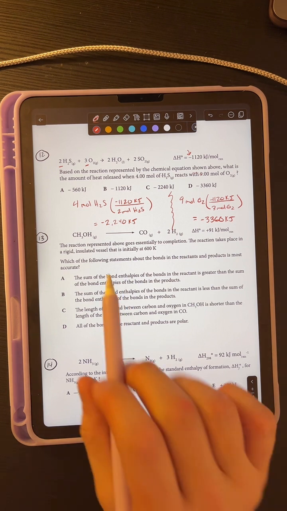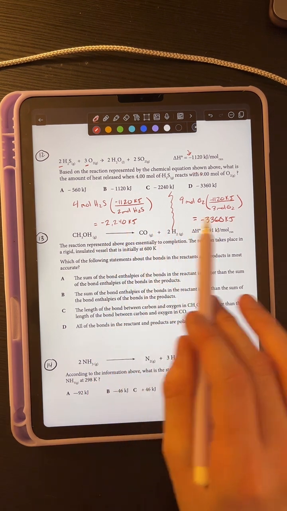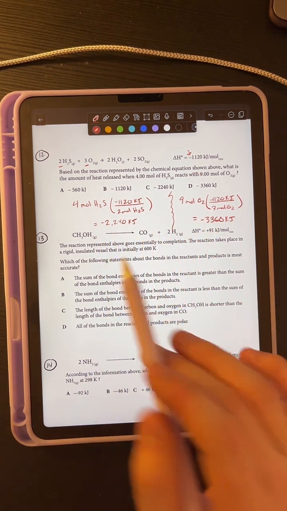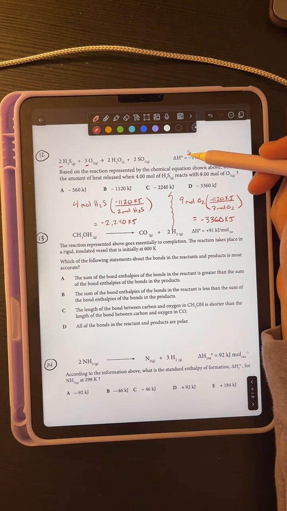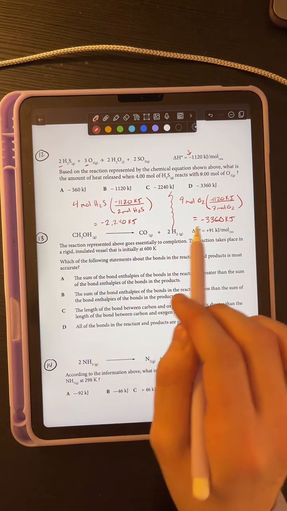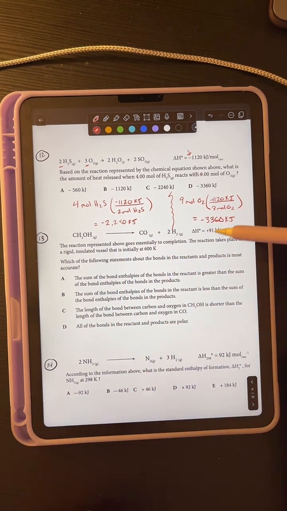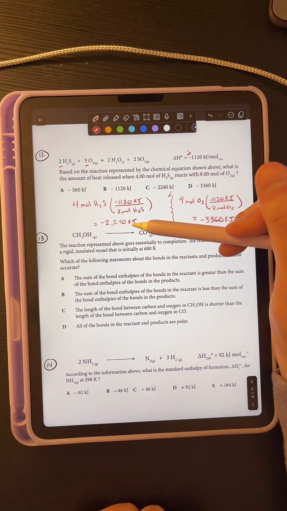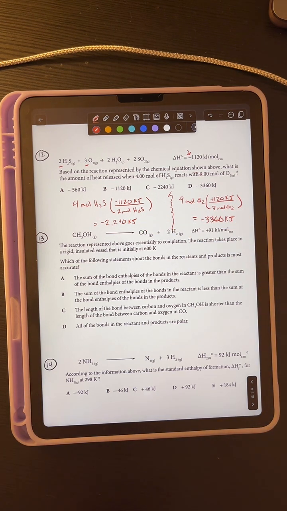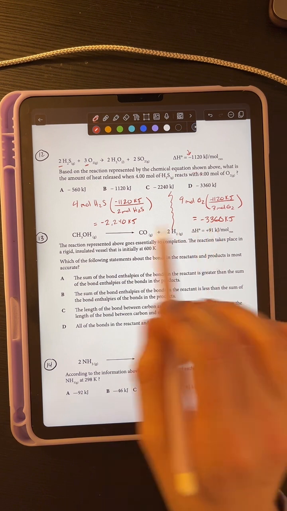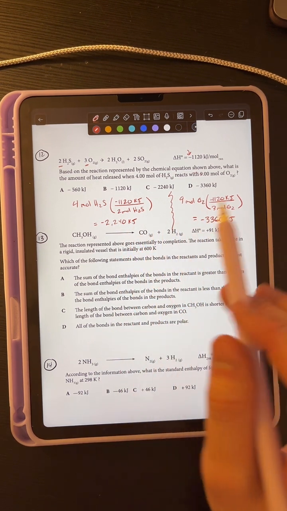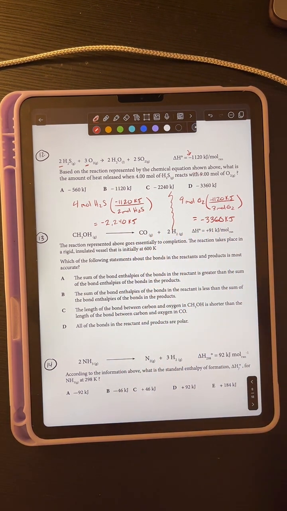This is where you compare the values of the heats that you got. But remember, that negative just lets us know that it's being released. So if we release 3,360 kilojoules versus 2,240, limiting reactant rules say we go with whichever one is less, or produces the least amount of our product.